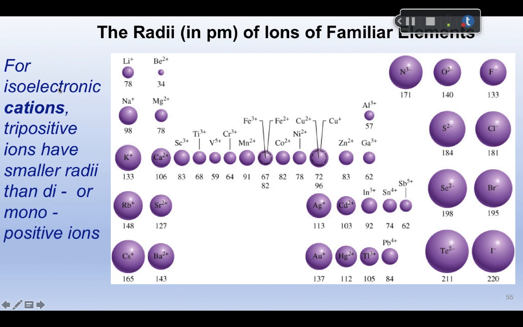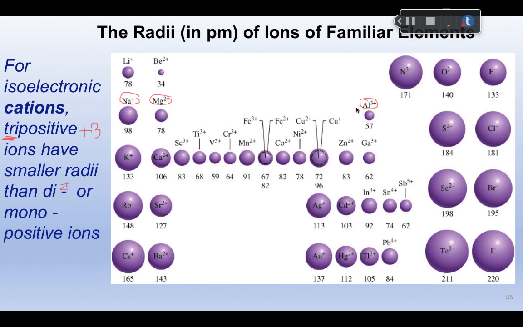So notice that if we have isoelectronic cations, the tri-positive ions, in other words, +3 ions, are going to have a smaller radius than those with a 2 or single plus charge. And so isoelectronic ones, well, what are we thinking of? Let's look at this. Isoelectronic would be like aluminum with magnesium and sodium.